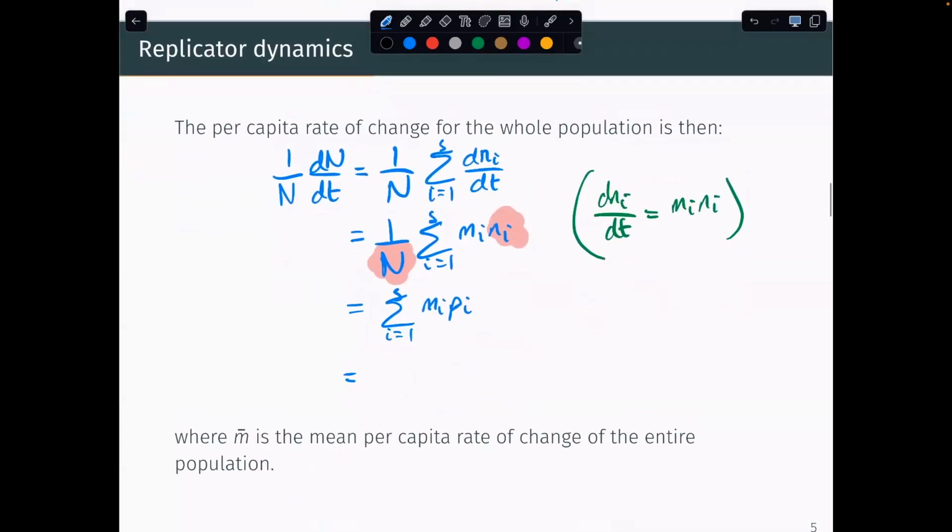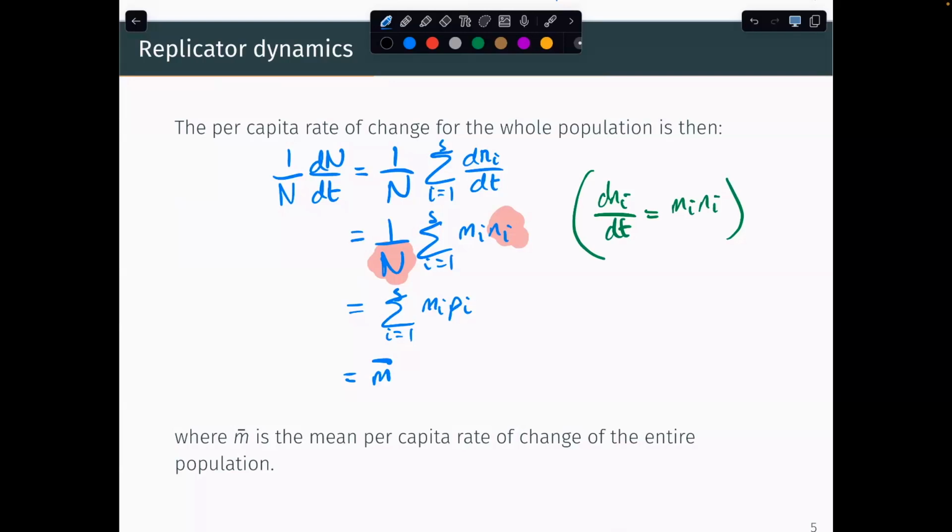If we define M bar to be the mean per capita rate of change of the entire population, this is just a weighted sum over all of the different types in the population, of their different per capita growth rates. When we weight it by their frequency in the population, this gives us an average over the whole population.